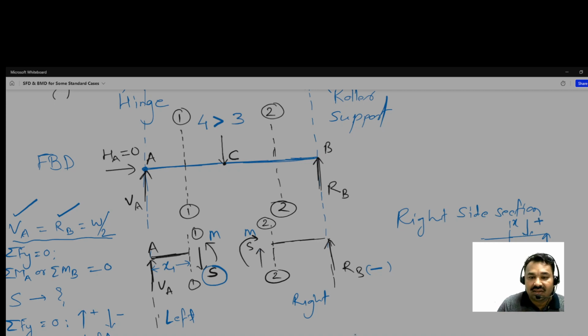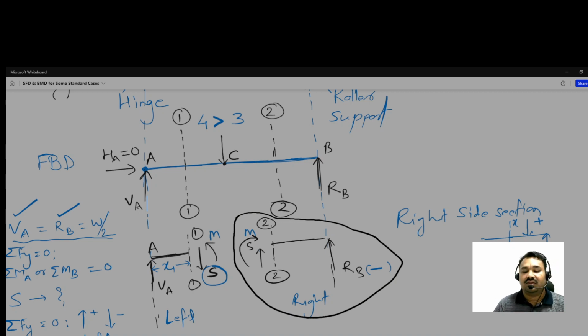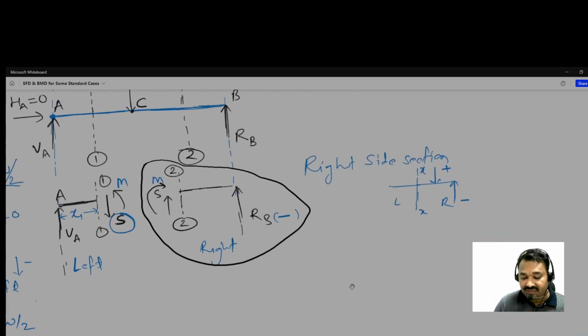So based on this, our concentration is here, this section we are going to analyze. Okay, then the same, what we have to do, Fy is equal to 0. Then what we get, RB acting upward, so negative sign, and S is also acting upward, so negative.